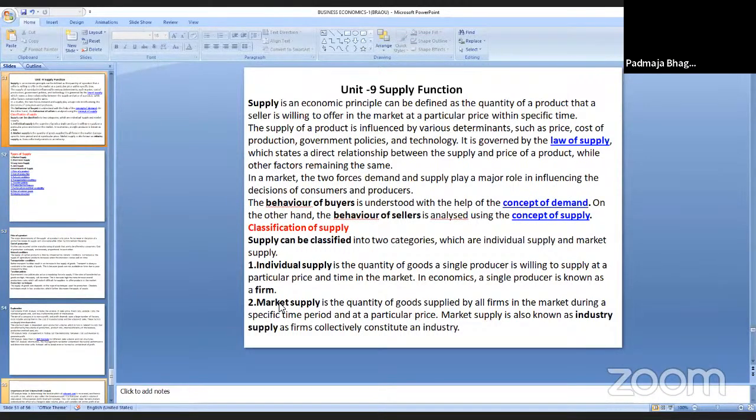Market supply is the quantity of a good supplied by all the firms in the market during a specific time period, also for a particular price.